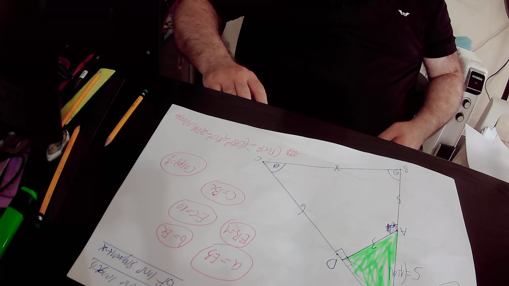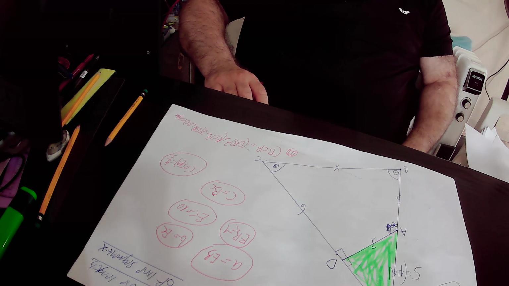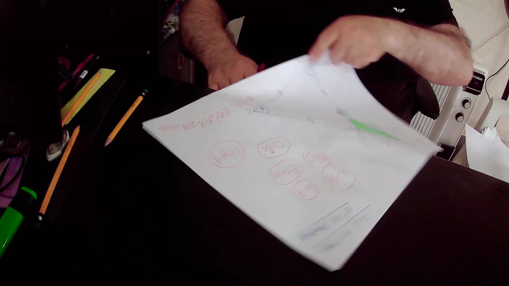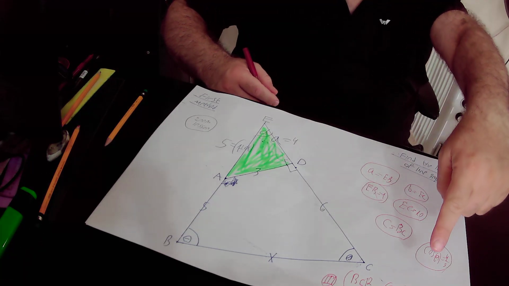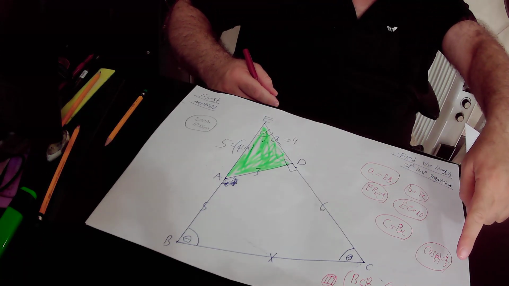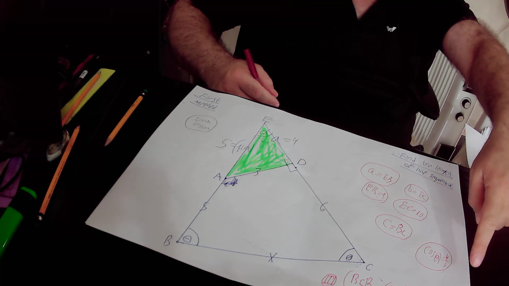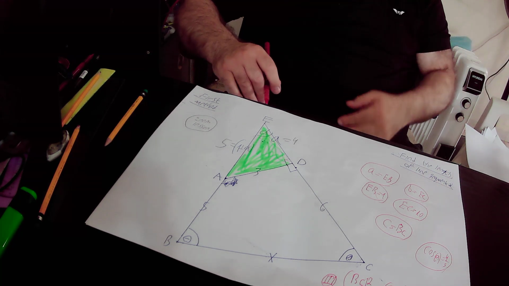Okay, so according to equation number 3, BC squared equals EB squared plus EC squared minus 2 times EB times EC times cosine alpha.